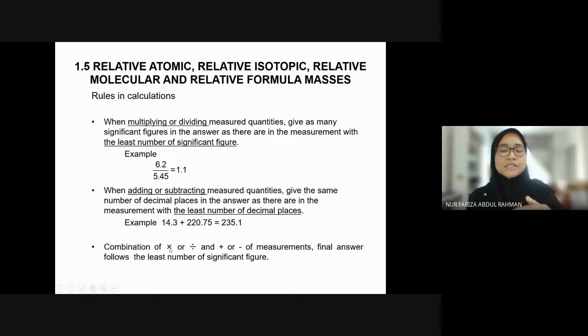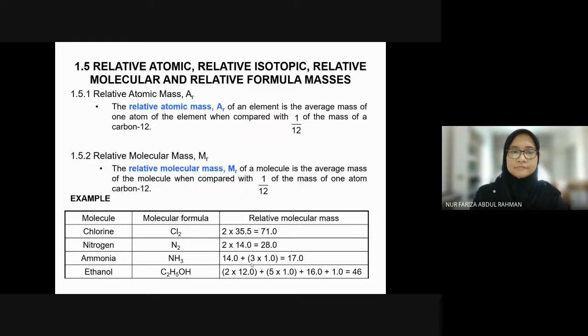The multiplication will be performed first, right? So we have to consider the significant figures rather than the decimal places. For a combination, the final answer follows the least number of significant figures. Okay, all right.